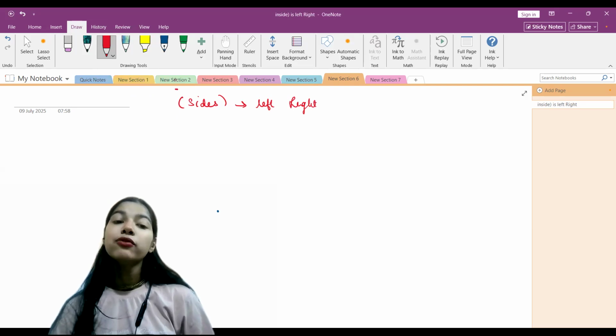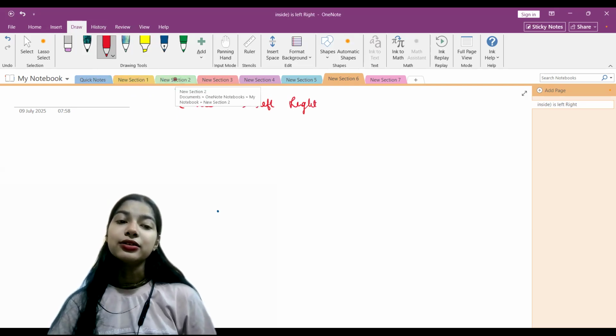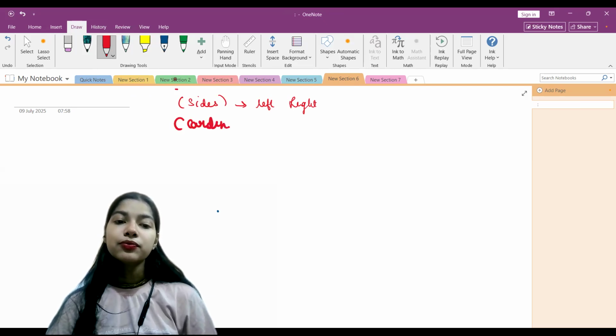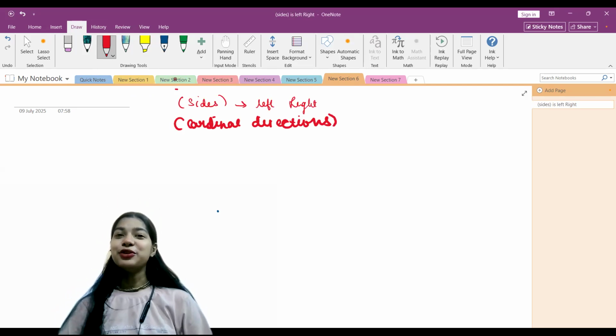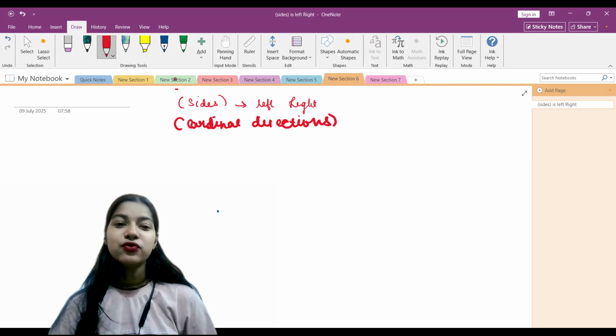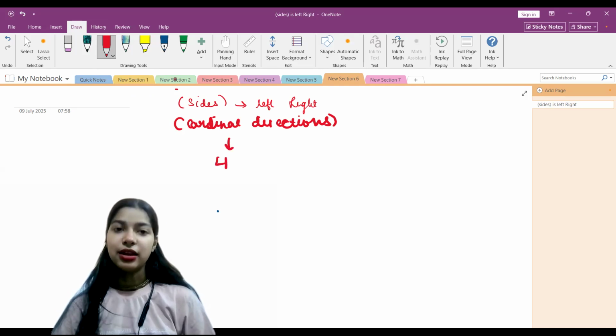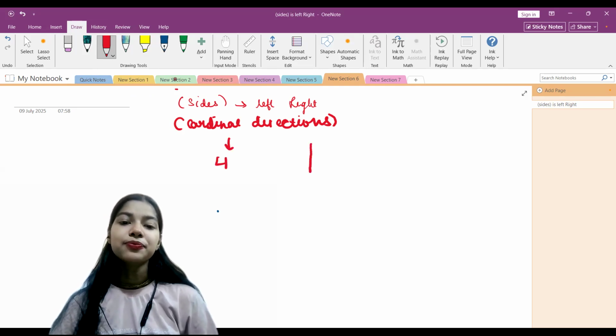Okay, now we have also learned about cardinal directions. I hope that you remember what our cardinal directions are. How many cardinal directions have we learned about? We have learned about 4 cardinal directions. What were they?